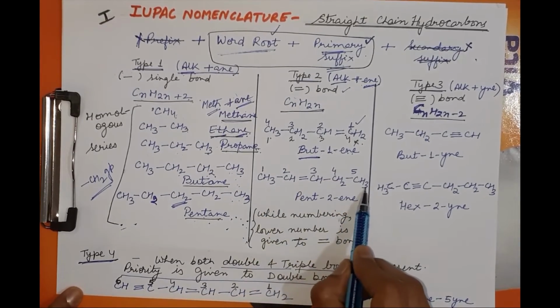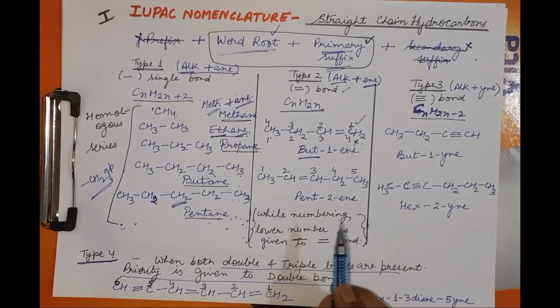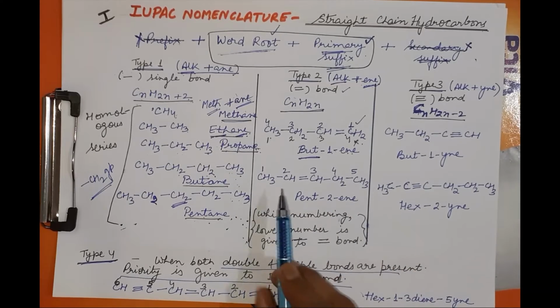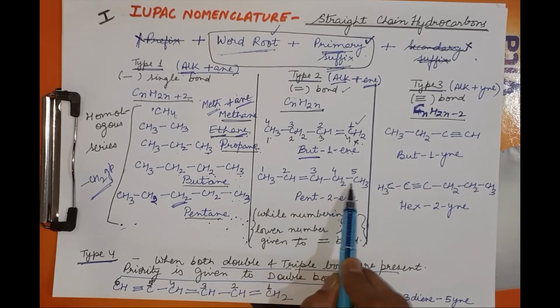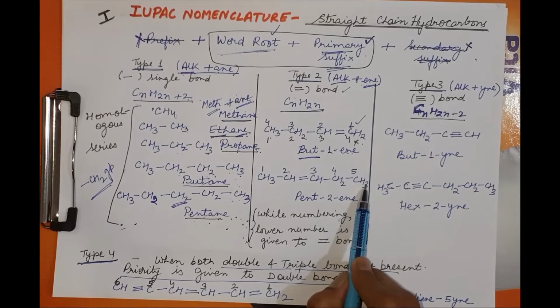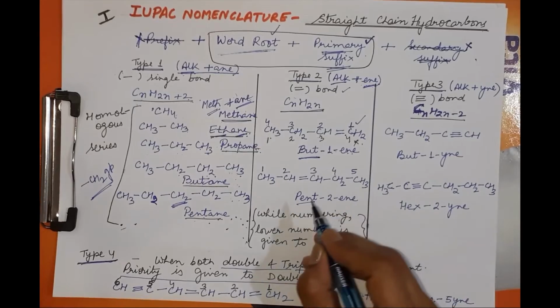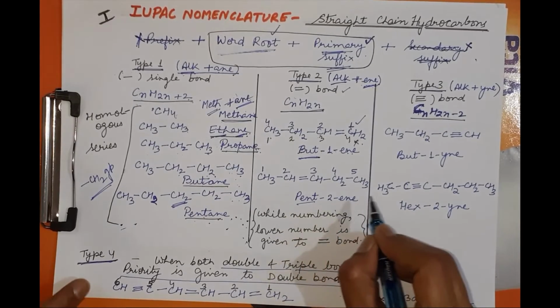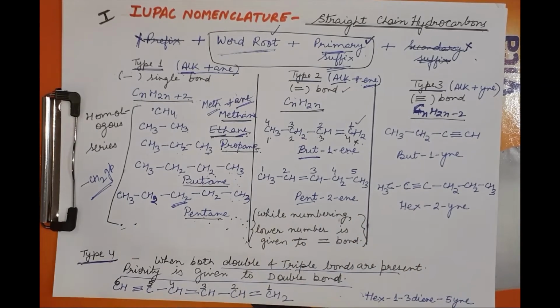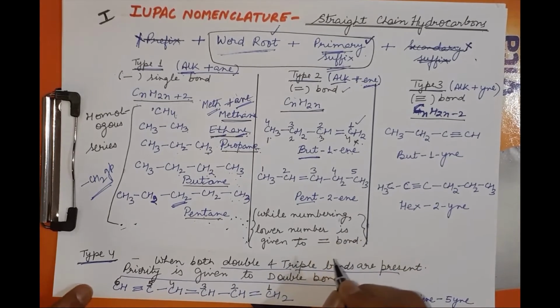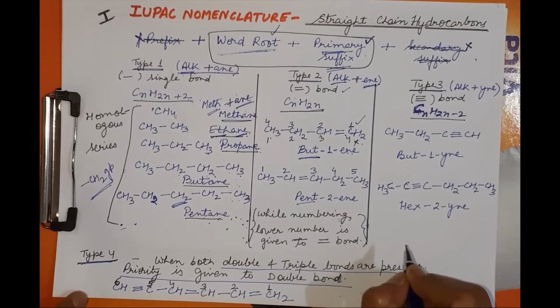It is this. Again, first we have to see the number of carbon atoms in the parent chain. We can see here 5 carbon atoms are there. So word root will be pent. And now we have to give the numbers to the carbon atoms. As I said, the lower number is given always to the double bond.